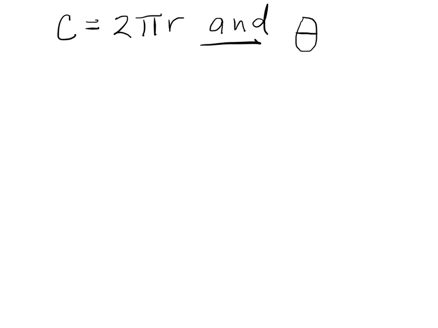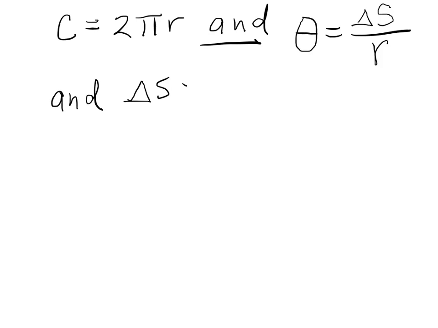Since circumference is 2 pi r, and a radian is how far around the circle have you gone compared to its radius, and how far around the circle is the circumference.